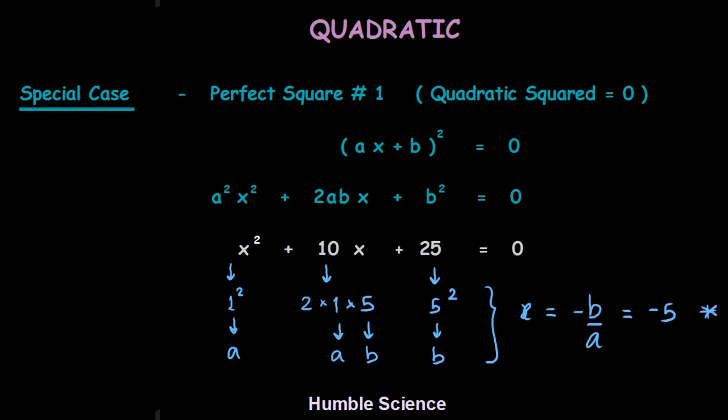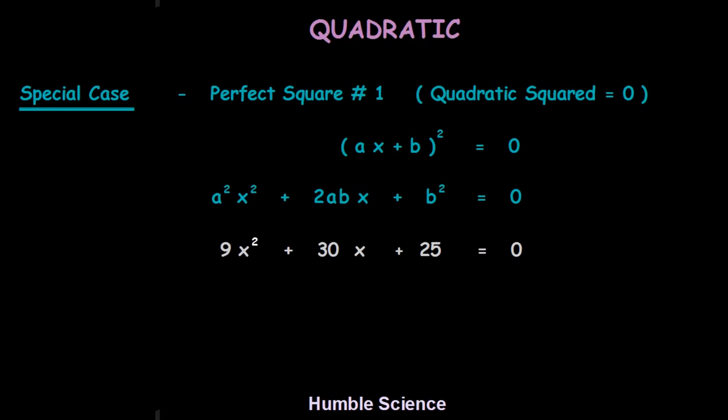Let's take a look at another example. Let's try 9x squared plus 30x plus 25 equal to 0. The first term is 9. It is 3 squared. That means a is equal to 3. The second term is 30. It is 2 times 3 times 5.